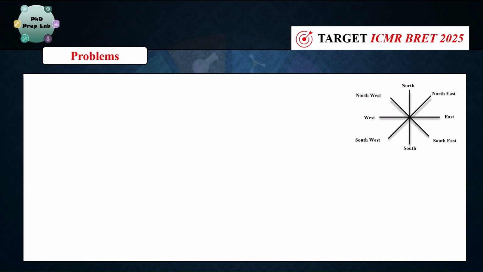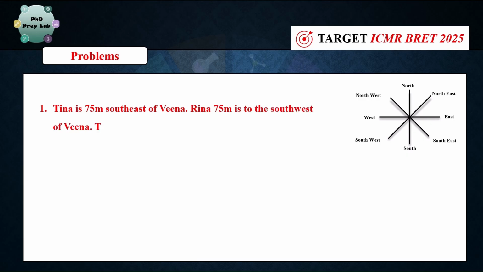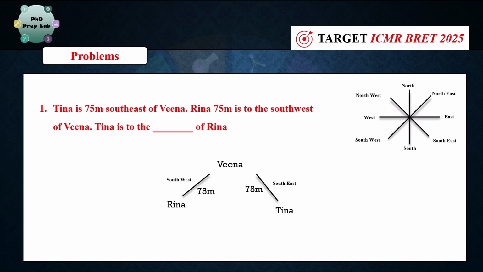The sub directions are also very important, and nowadays questions are asked on them. The first question we can solve: Tina, Veena and Reena. We have to keep in mind whom we are comparing to whom. We are comparing Tina and Reena to Veena. So Veena is in the center, and you can see 75 meter to east.